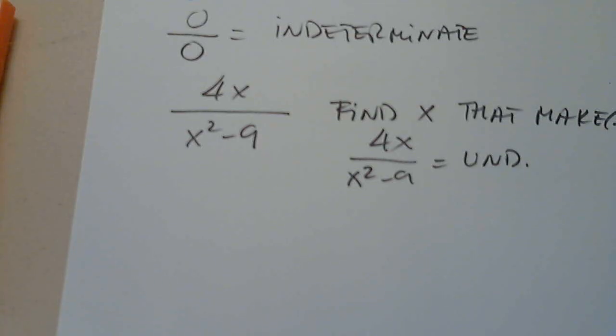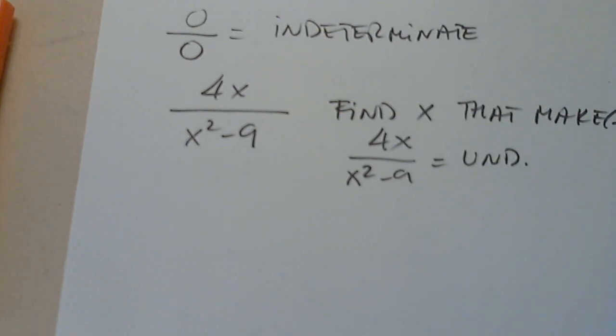What do we need to do first? This is all based on the previous module. This is not something entirely new. In order to determine the x values for which this expression is undefined, we need to do what first?